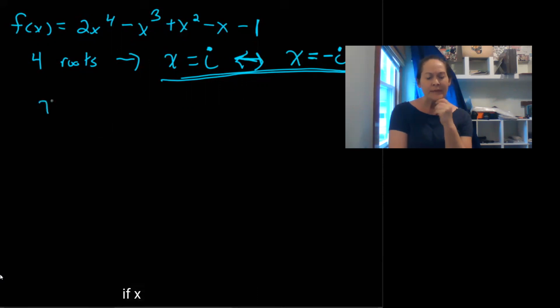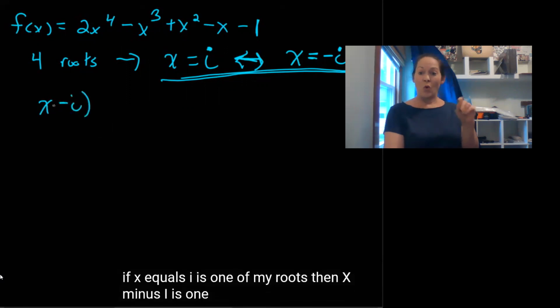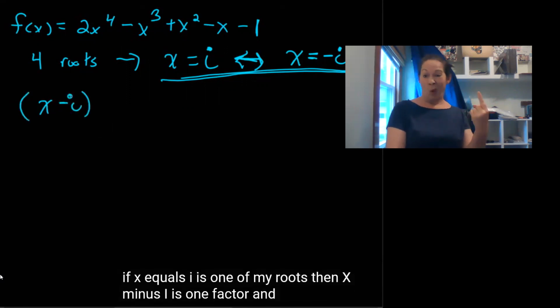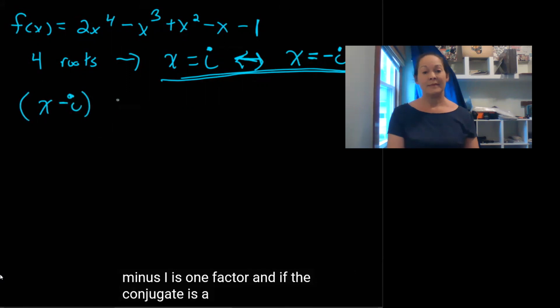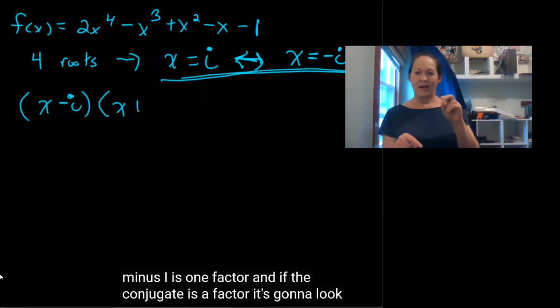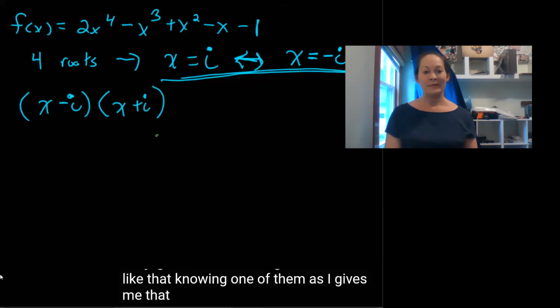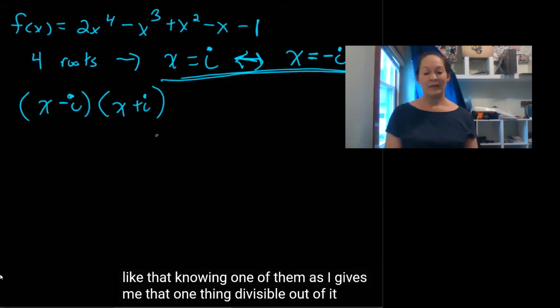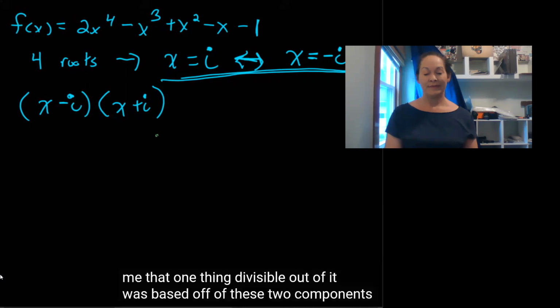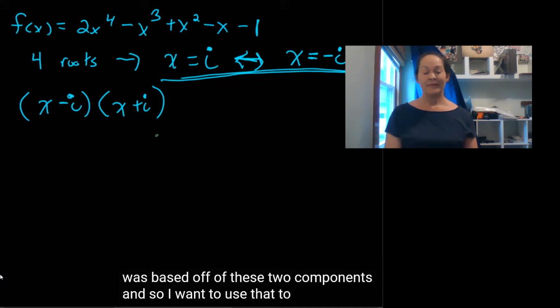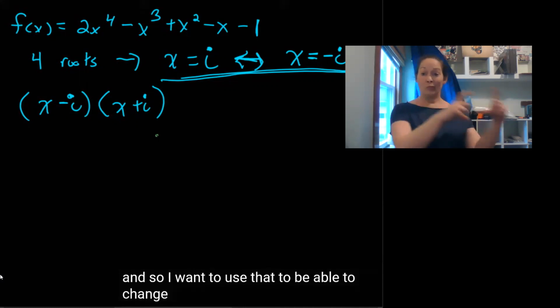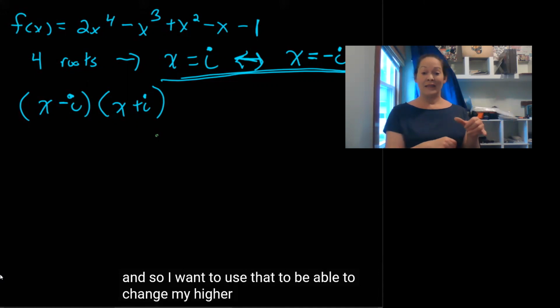If x equals i is one of my roots, then x minus i is one factor. And if the conjugate is a factor, it's going to look like that. Knowing one of them is i gives me that one thing divisible out of it, based off of these two components. And so I want to use that to change my higher order.